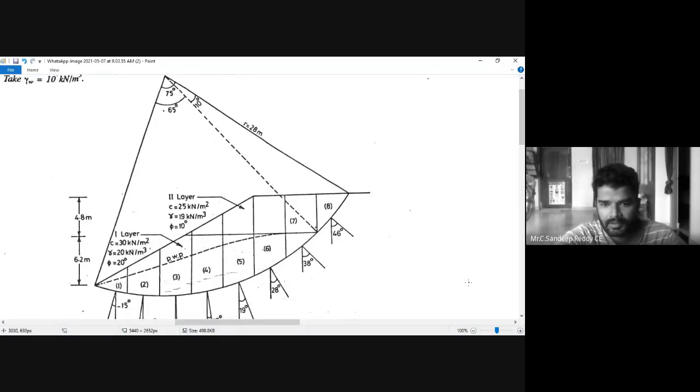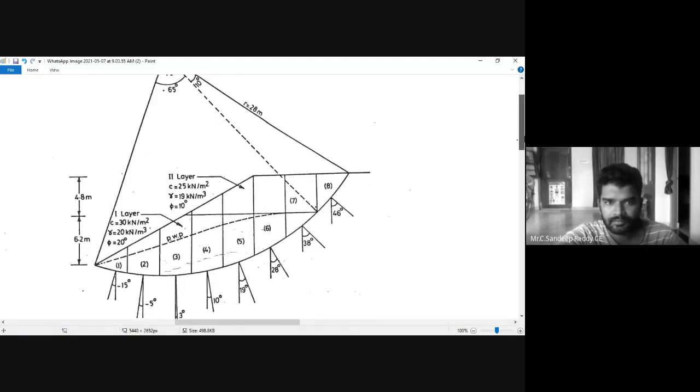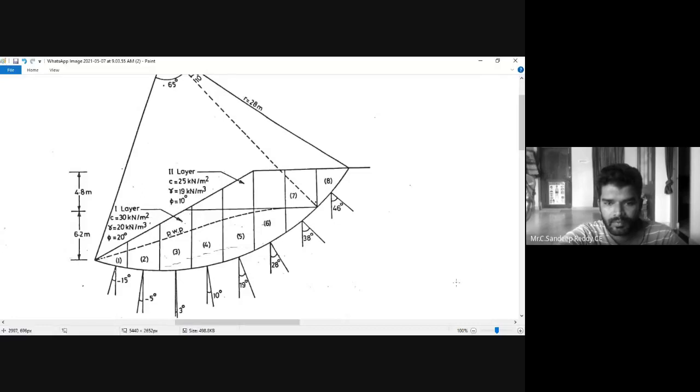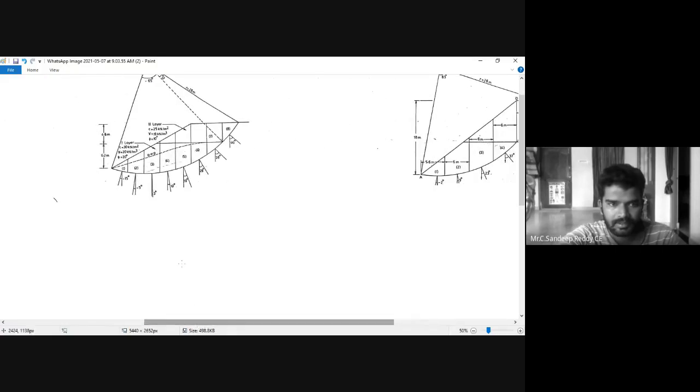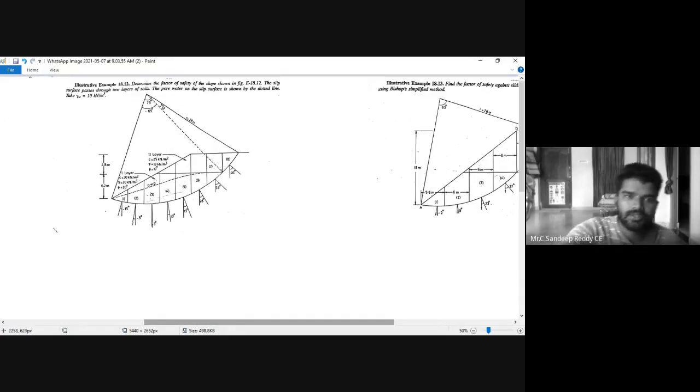So as you see this figure given in the problem, you just zoom into the second picture. Is it showing properly? That picture will zoom in. Right, the slip surface is the same. The same problem you need to solve by the Swedish circle method.